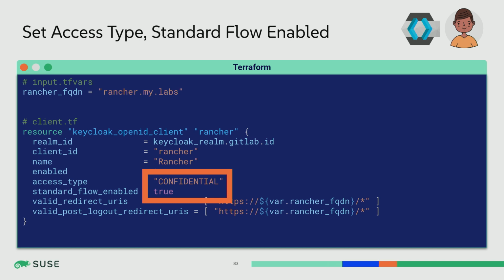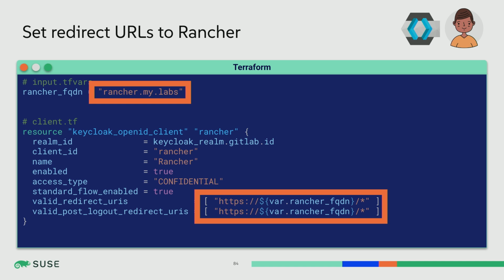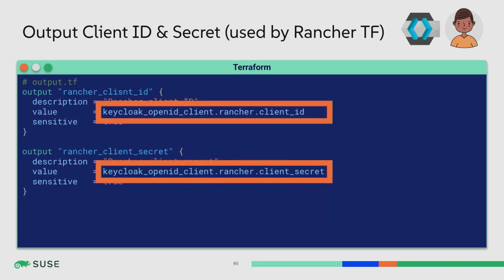Then we set the access type and enable the standard flow, and use the redirection URLs from Rancher with all the possible Rancher mylab URLs. Then, as we did before, we output the client secret coming from this Rancher client in Keycloak, to let Rancher connect to that identity provider to do the authentication.